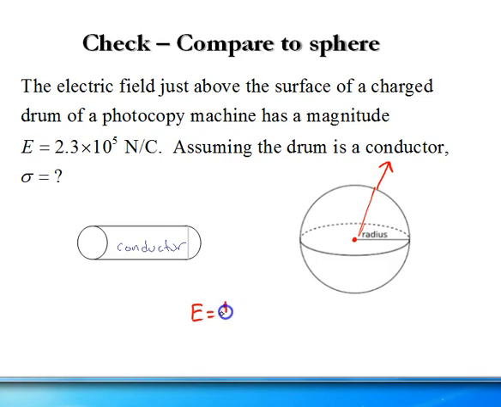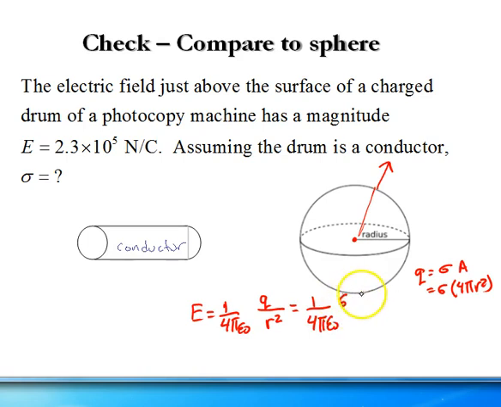Coulomb's law is 1 over 4 pi epsilon naught Q over R squared. Well, what's Q? Q is equal to sigma times A, so it's equal to sigma times 4 pi R squared. So this is equal to 1 over 4 pi epsilon naught times sigma 4 pi R squared, divided by R squared.